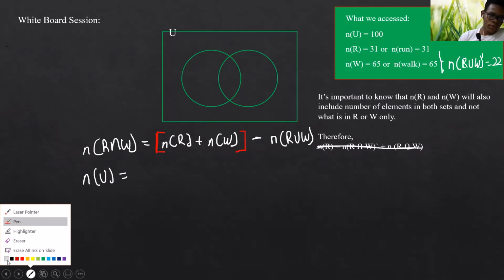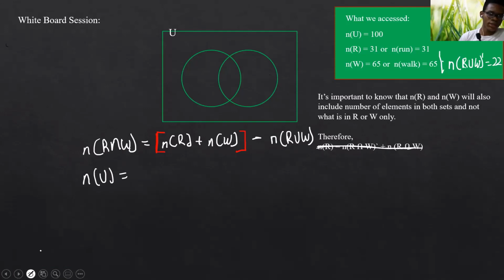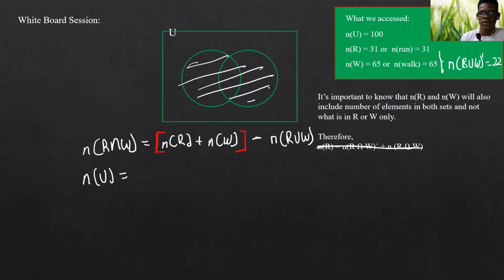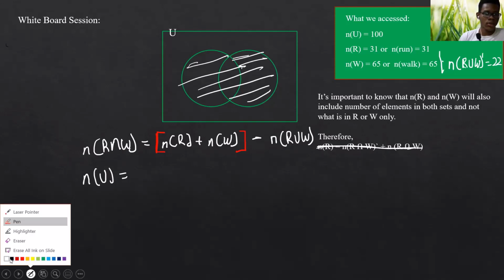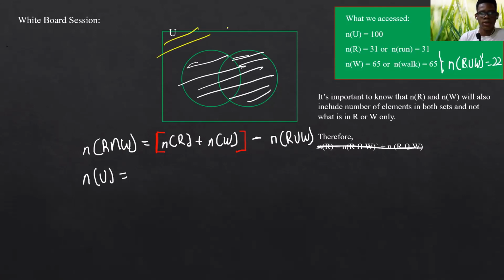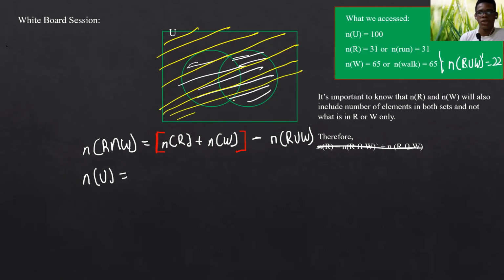So knowing that, I'm going to shade everything in the circles here. This is what we want to find. We know the universal set, so we know how much is everything here.